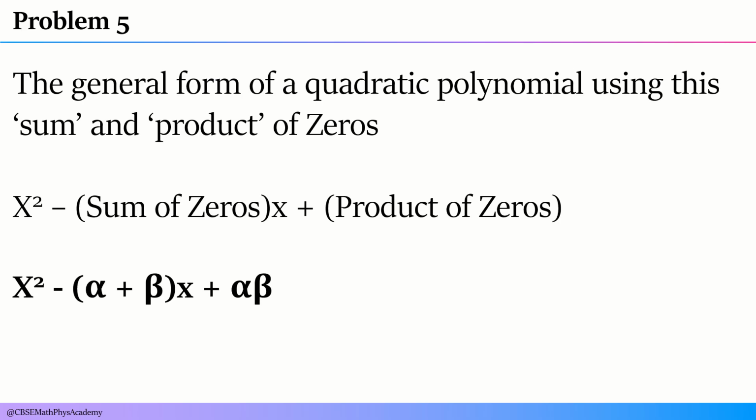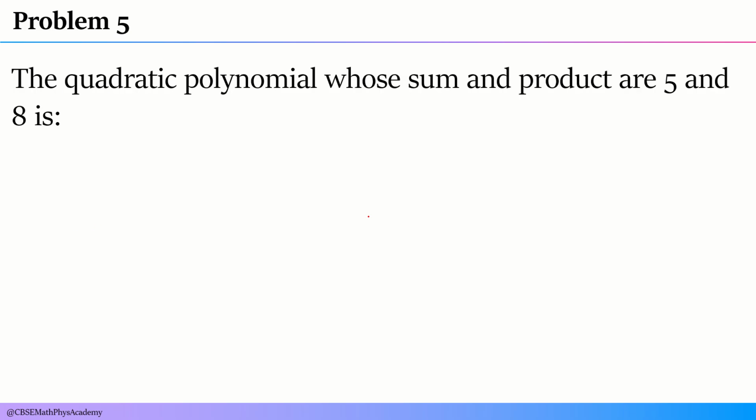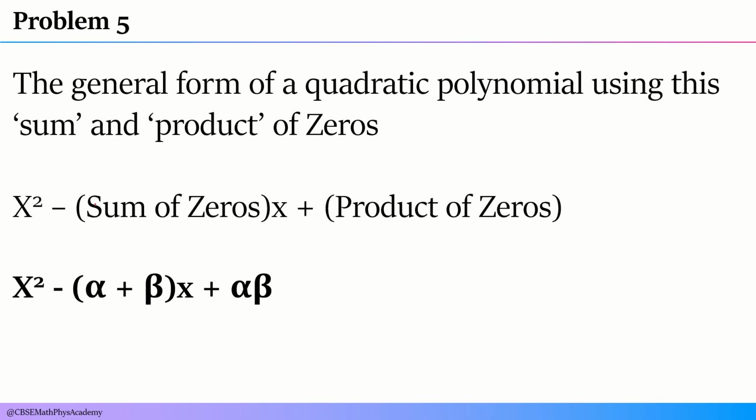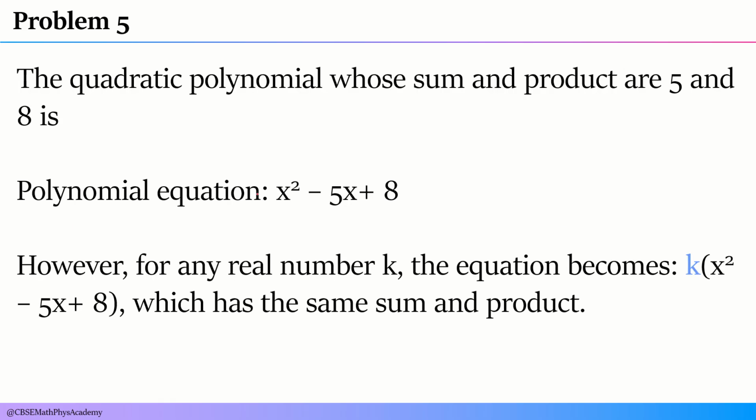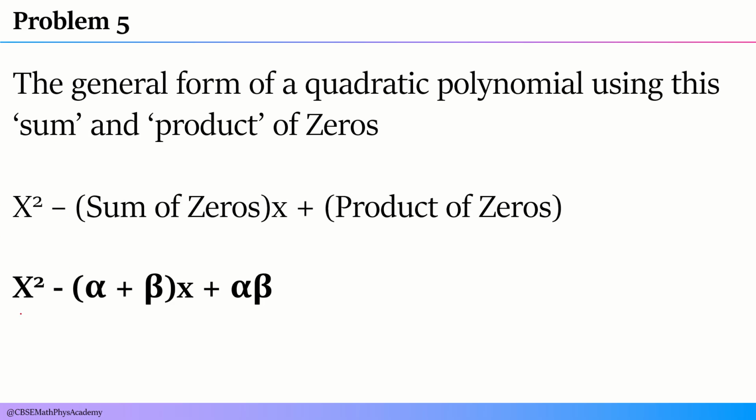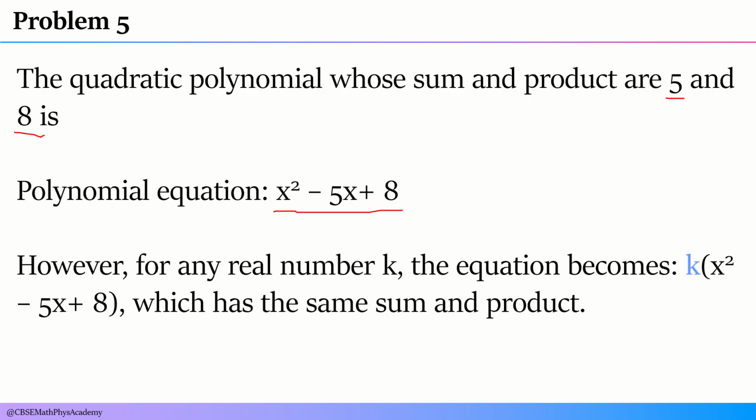I am again revising the formula: when you have the sum and the product, the quadratic equation is x square minus sum of zeros times x plus product of zeros, that is, x square minus (alpha plus beta) x plus alpha beta. So in this case, the polynomial equation is x square minus 5x plus 8. We substitute this 5 and 8 in this form to get the polynomial equation.